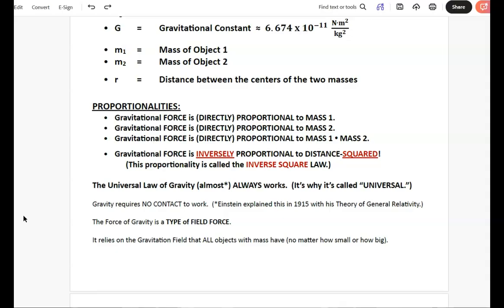But this is the first stop in understanding that, using Newton's formula for universal gravitation first. If you were to take a more advanced physics course, they might get into Einstein's general relativity.